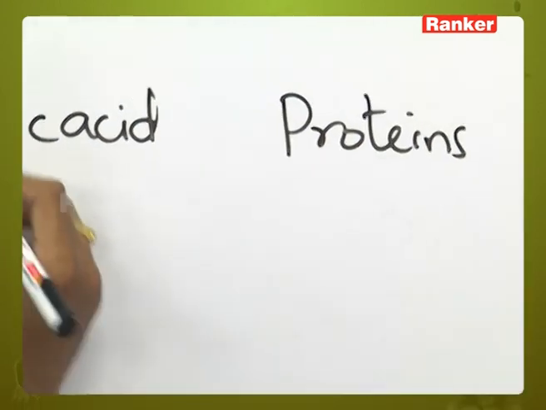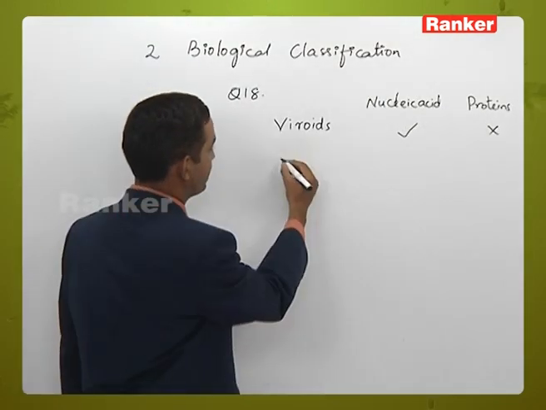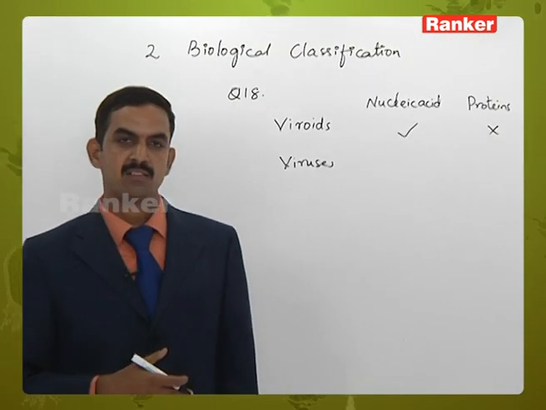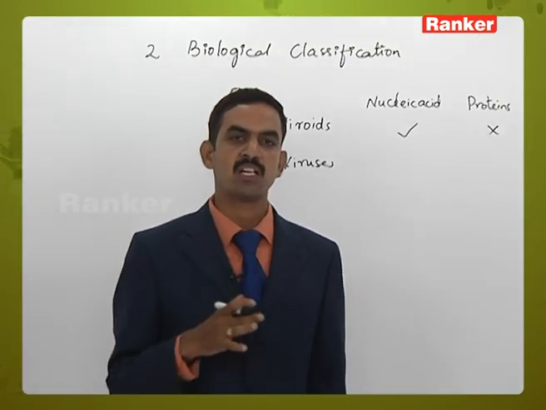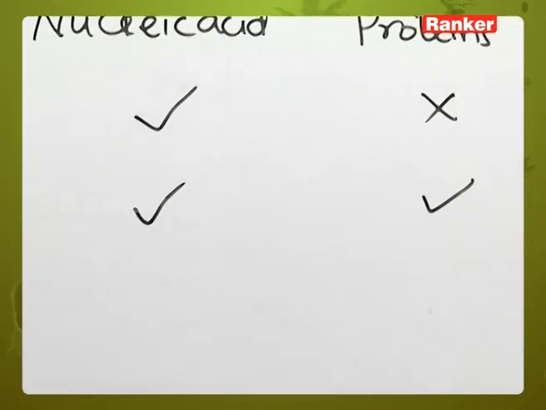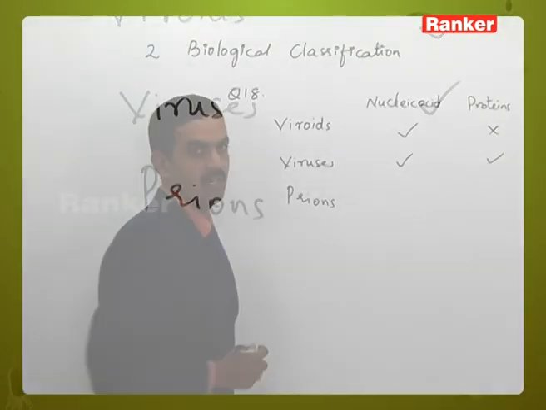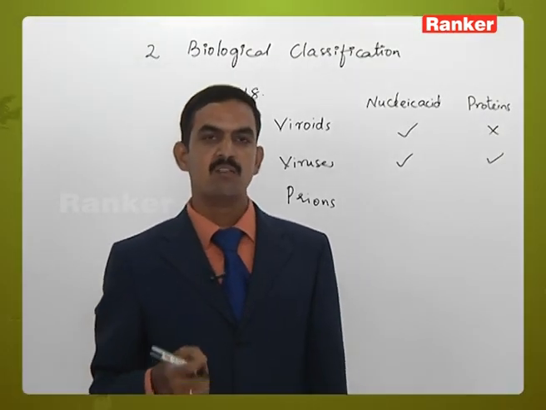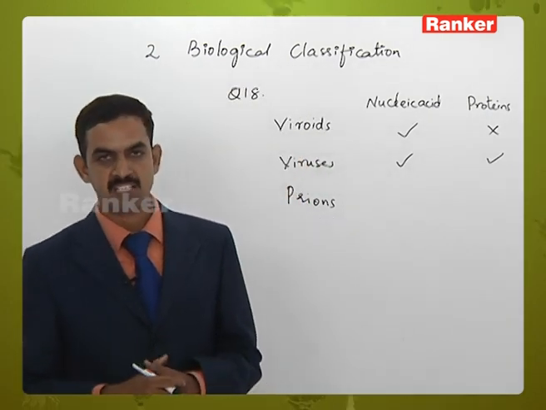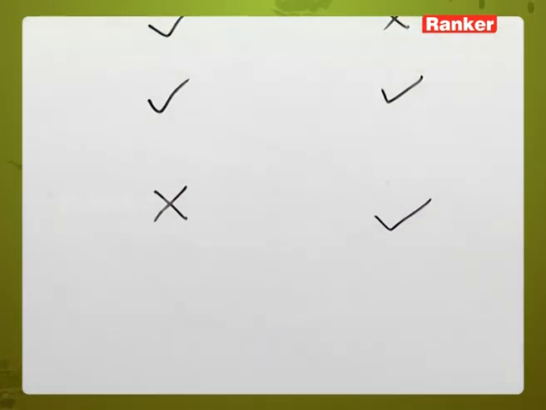So, nucleic acids are present, proteins are absent. Second one, viruses. Viruses are the viral particles which contain both nucleic acid and also proteins. Third one, prions. Prions are the viral particles which contain only the protein part but they lack the nucleic acid part. Nucleic acid is absent, only the protein part is present.